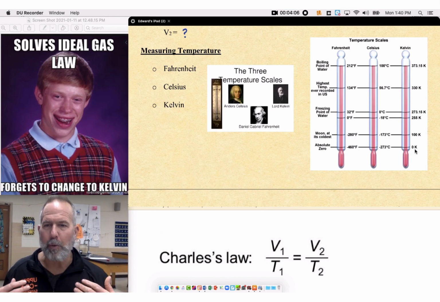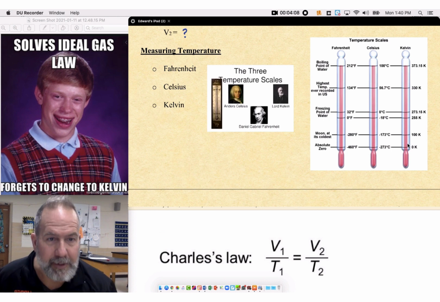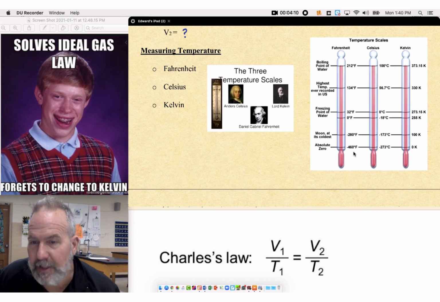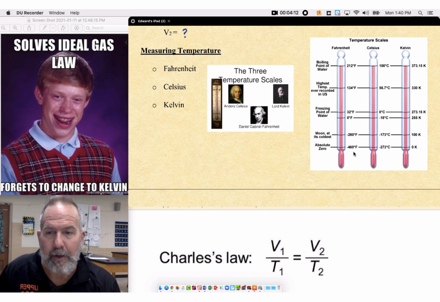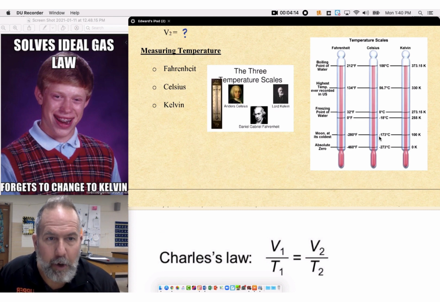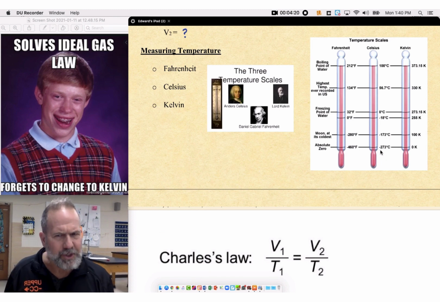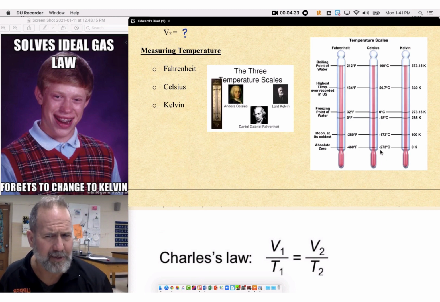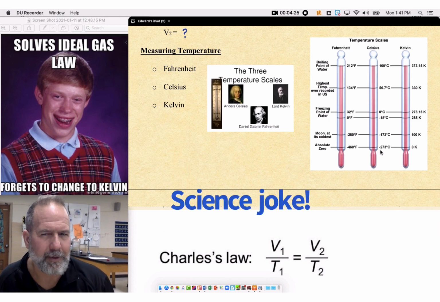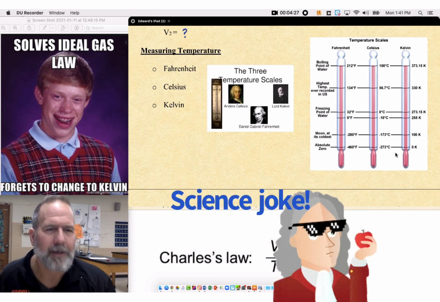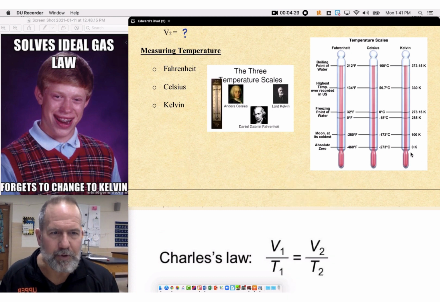Now, if we had to go down to that on our Fahrenheit scale, it'd be negative 460 degrees Fahrenheit. If we had to go down on our Celsius scale, it'd be negative 273 degrees Celsius. Very chilly, right? The chilliest. It's the coolest number there is.